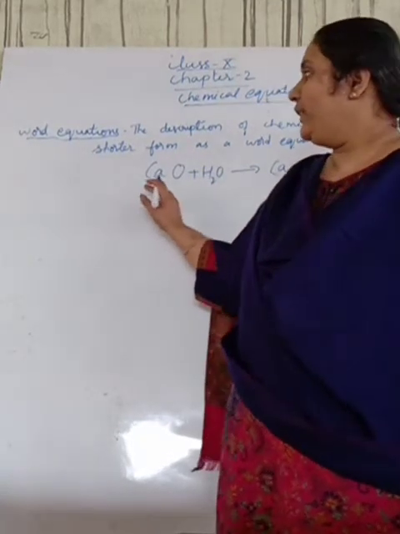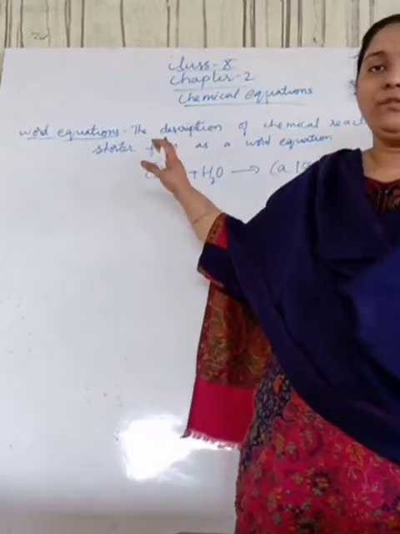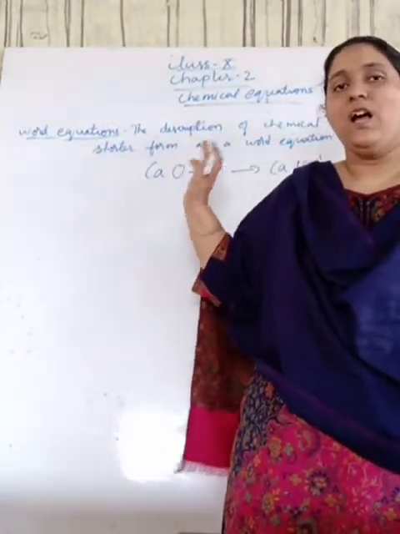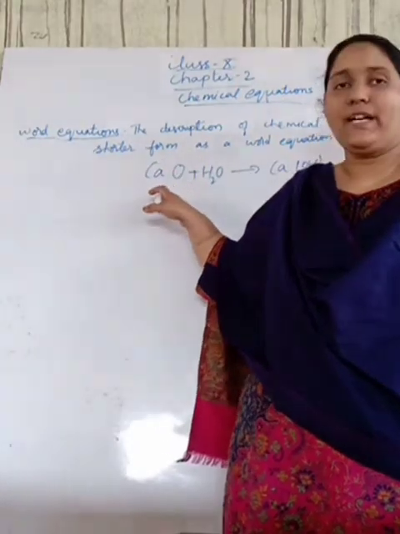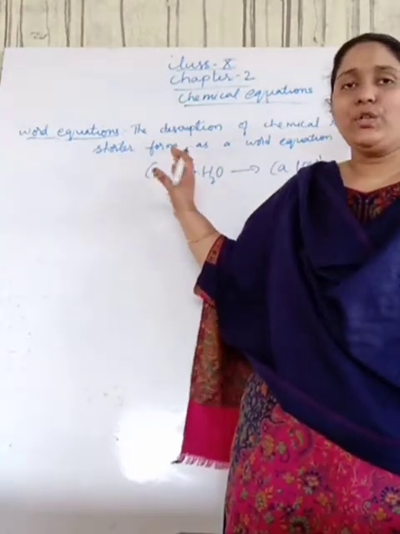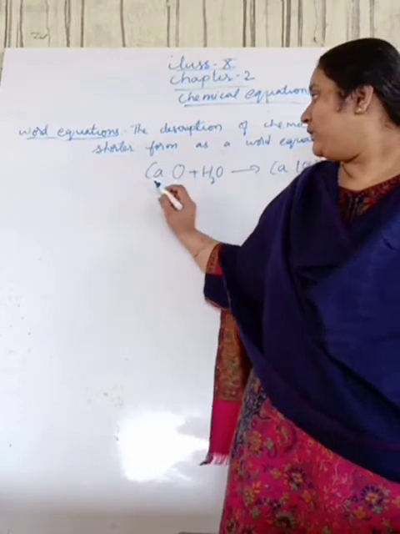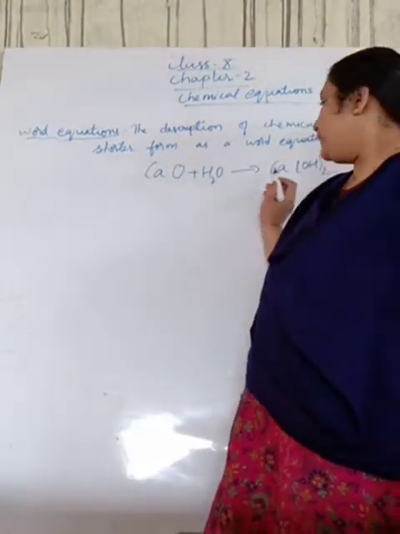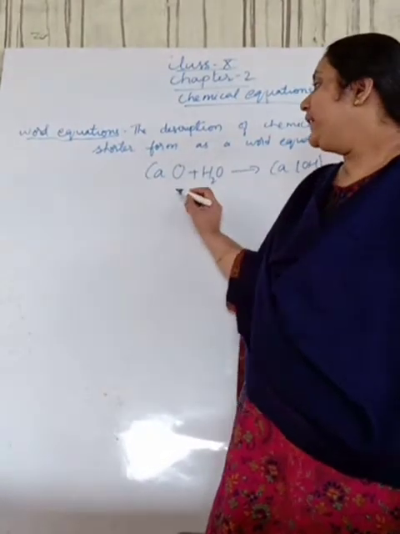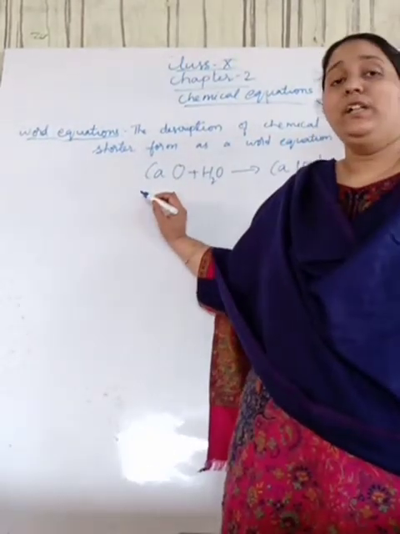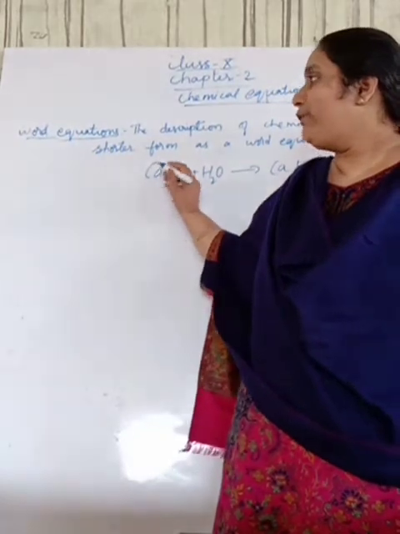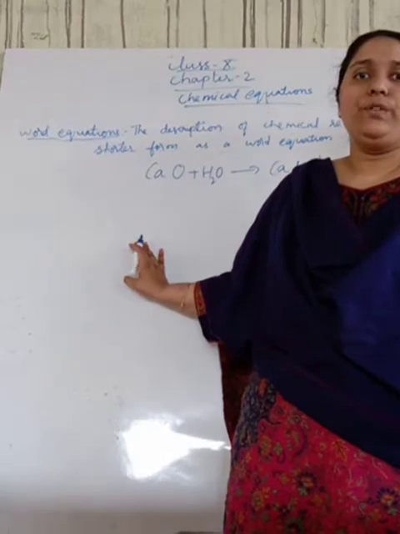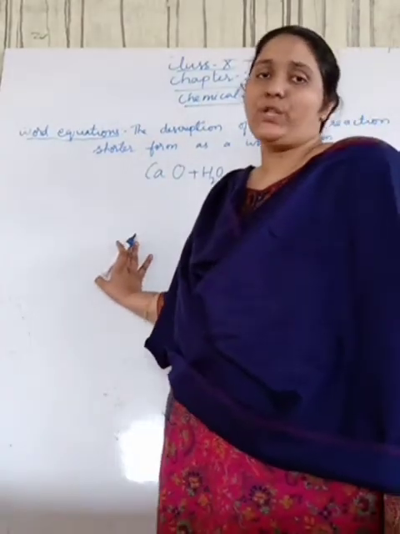Whatever activity we described in activity 1 last class, we have written as an equation in a shorter form. So this short form, calcium oxide plus water gives rise to calcium hydroxide, is the short form of the description. This short form we call a word equation, or else we will call it a chemical equation, students.